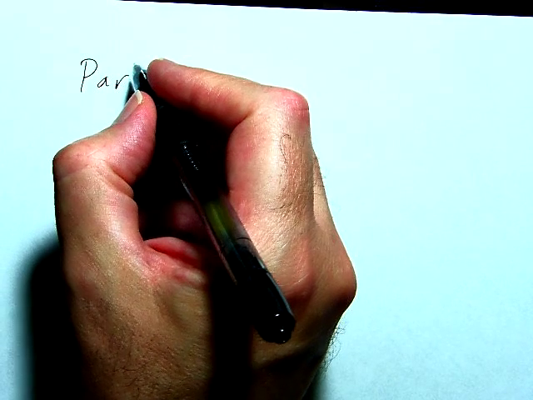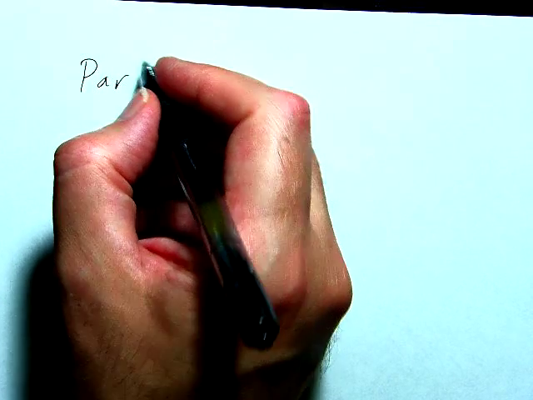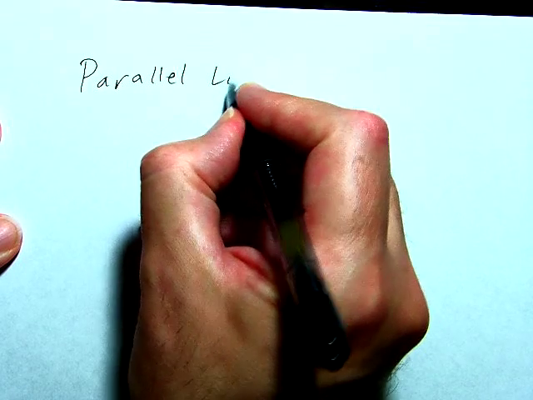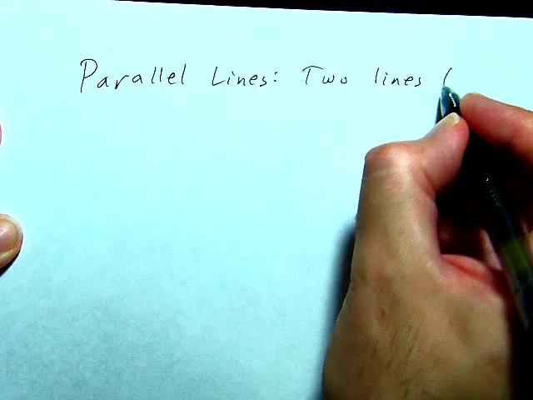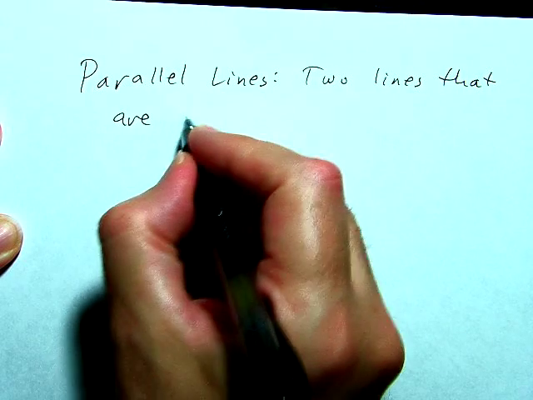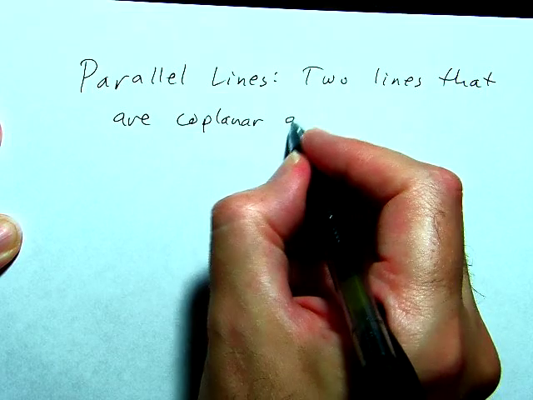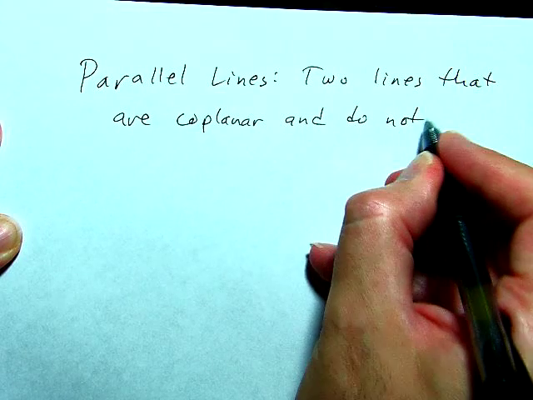And finally, the last definition I want to discuss is that of parallel lines. We did mention parallel lines in a previous video, but just in case you didn't have a chance to watch that video, let's look again at parallel lines. Parallel lines are two lines that are coplanar and do not intersect.